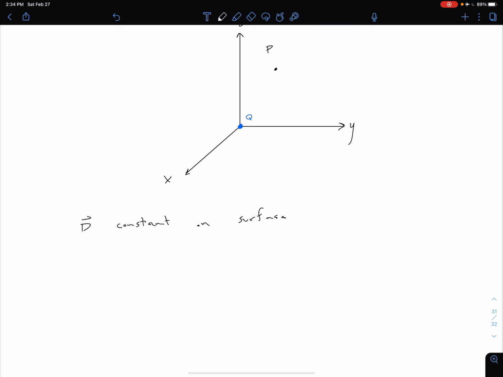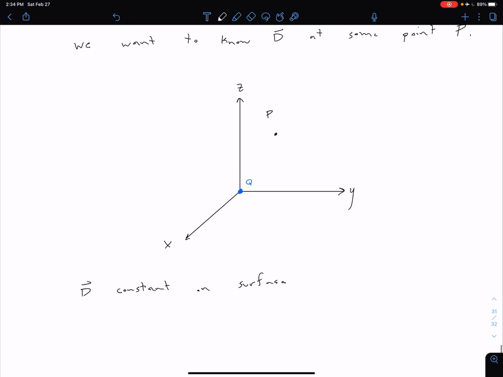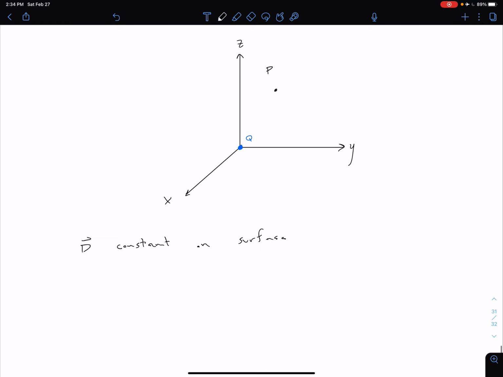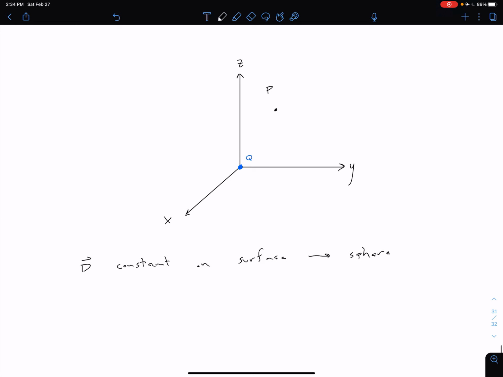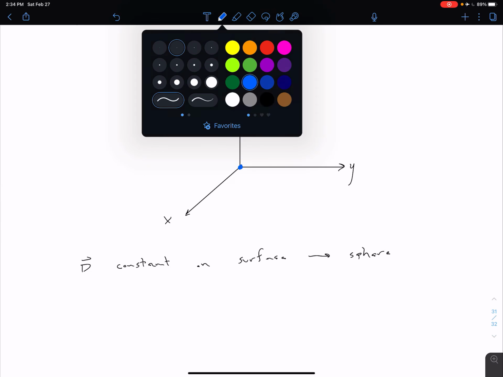we can either intuitively know for a point charge that the only real dependence of the electric field or our electric flux density is going to be the radial distance from that point charge, or we could think back to our analysis we had done previously with Coulomb's law. So basically, we're going to have D constant on a Gaussian surface that's a sphere. So we're going to have some sphere, and our sphere should intersect this point P. Let me get rid of that and redraw it over here.